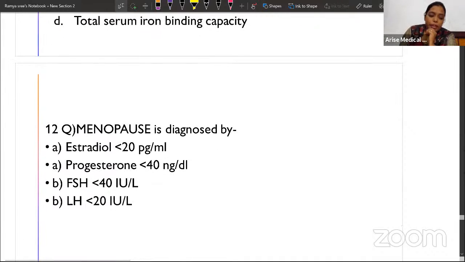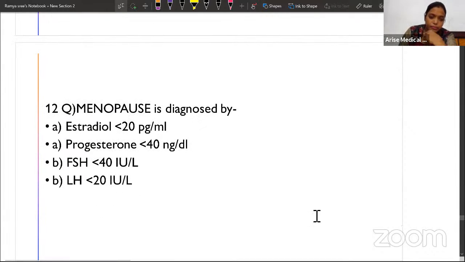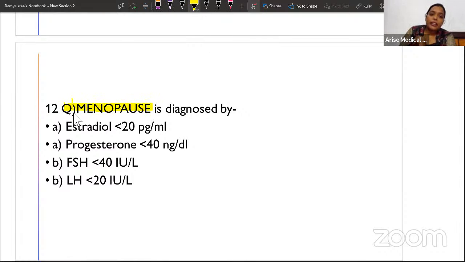How do you diagnose menopause? Estradiol less than 20 picogram per ml, progesterone less than 40 nanogram per deciliter, FSH less than 40, LH less than 40. So menopause is cessation of menstruation for more than 1 year, right?